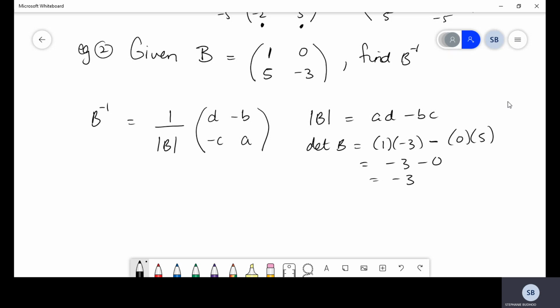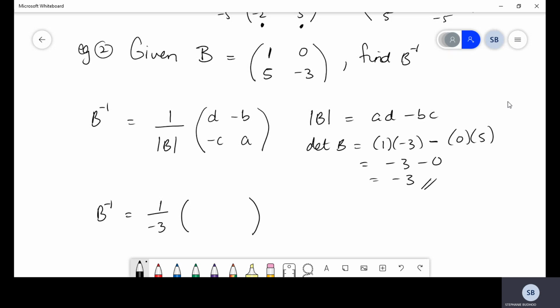So we have found a value for the determinant of B, and we are going to bring it into our question. We got negative 3 here, and then finally we are going to perform what goes inside our brackets.